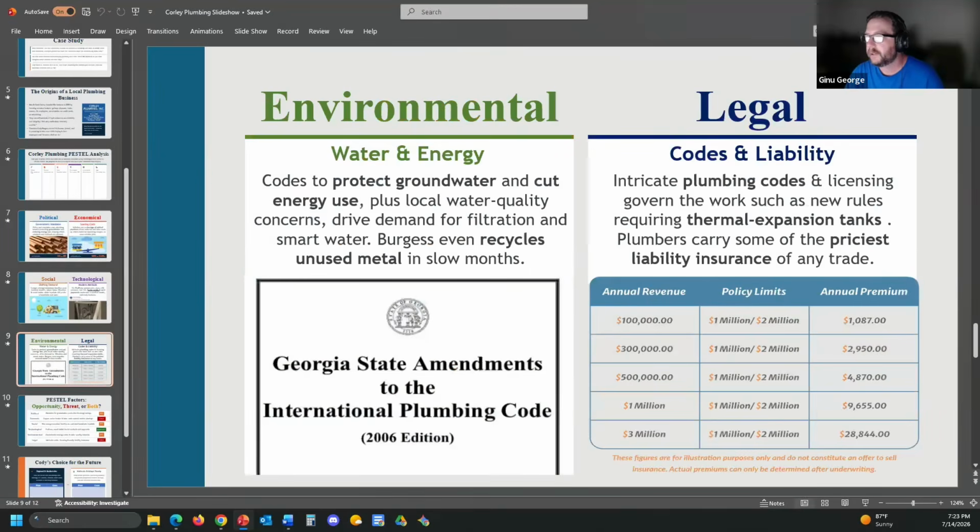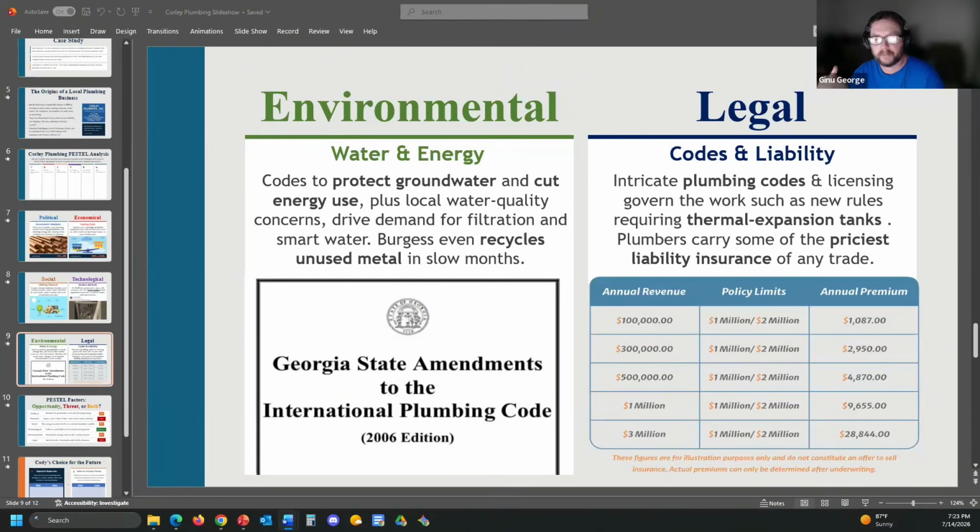Environmentally, for environmental factors, water quality concerns and drought regulations have skyrocketed. The demand for smart, water efficient homes has skyrocketed, right? That's environmental factors. Cody had to optimize operations by recycling unused scrap metal during slow months because he wanted to minimize waste. He wanted to boost extra revenues.